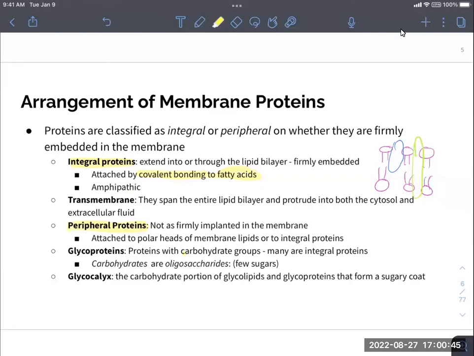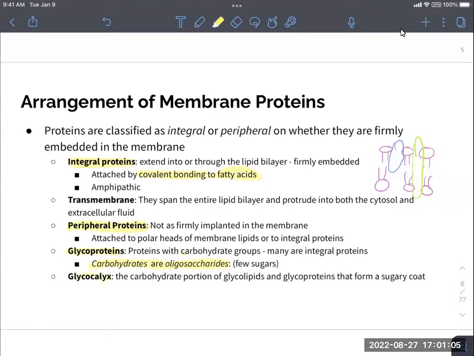We have glycoproteins. Those are proteins with carbohydrates. Glycogen is a carbohydrate. And many of those are integral proteins. Carbohydrates are known as oligosaccharides, which means they have very few sugars.